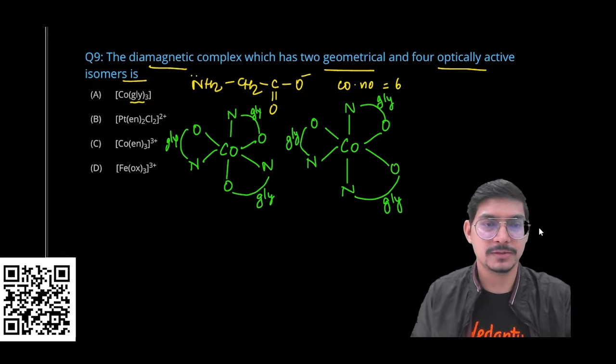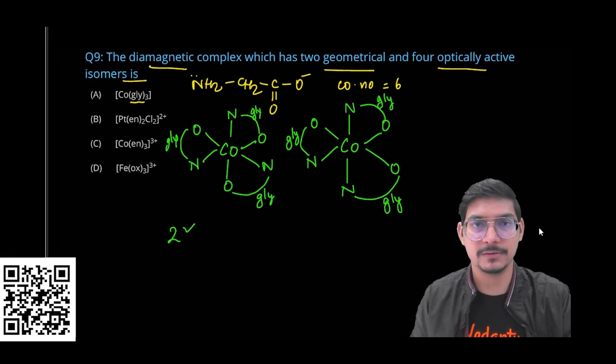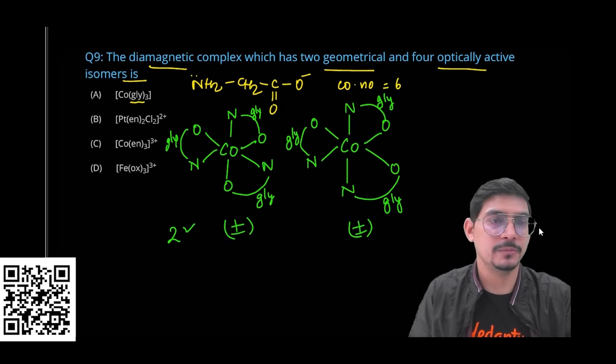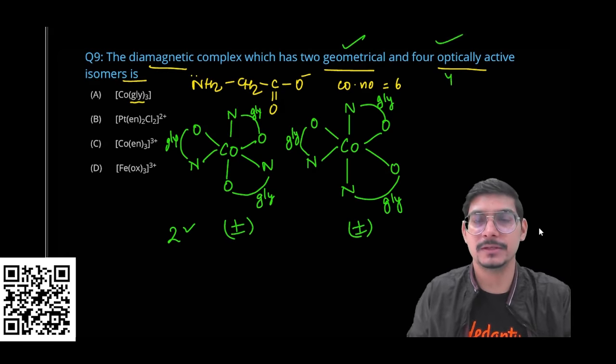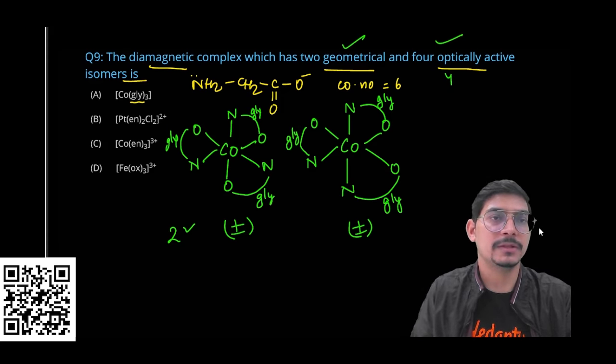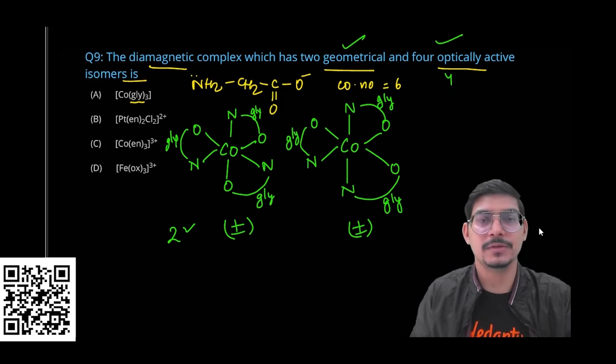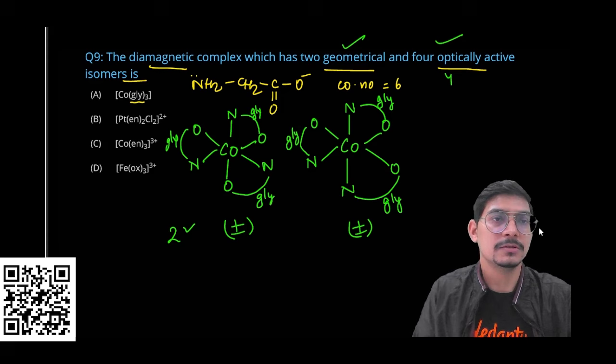So this complex has two geometrical isomers, tick, and because both geometrical isomers do not have a plane of symmetry or center of symmetry, each geometrical isomer will exist as a pair of enantiomers. So the total number of optically active isomers would be 4. So this condition is met and this condition is met. Let's check whether it is diamagnetic or not. Glycinate is a monoanionic ligand, which means that the oxidation number of cobalt should be +3.